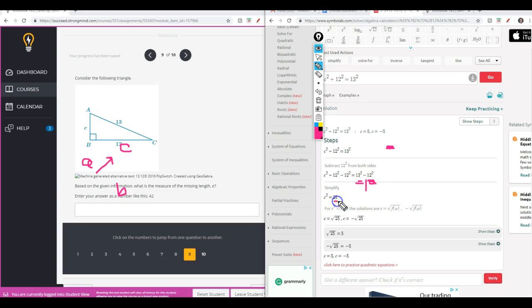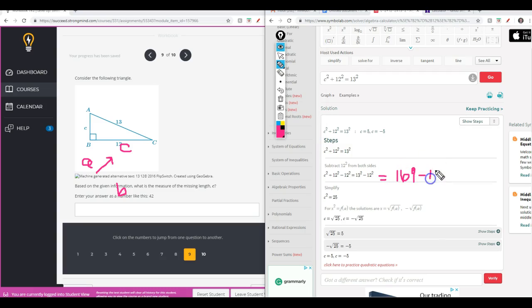That is obviously not 25. So what did they do from here to here so that we are clear on this? Well, they took 13 and squared it, and that equals 169 minus 12 squared is 144. So then if you simplified 169 minus 144, that does come out to be 25.